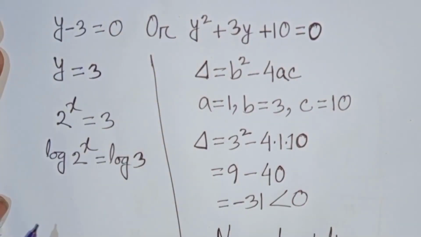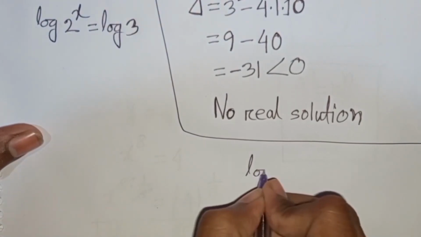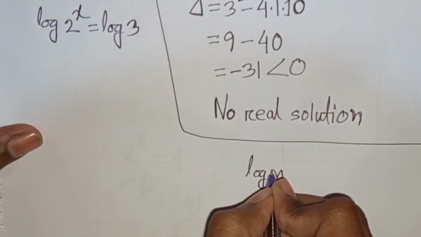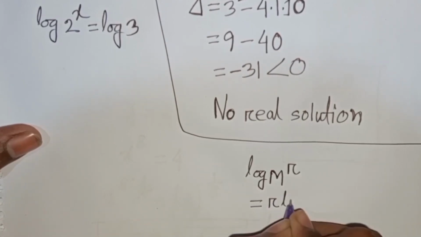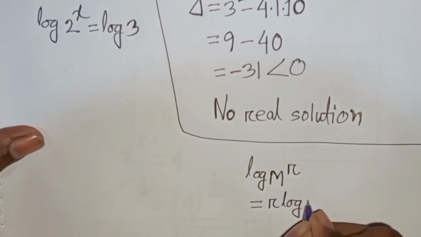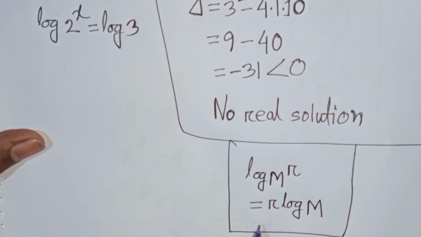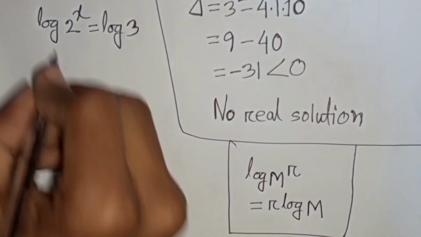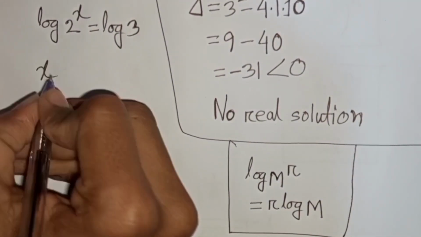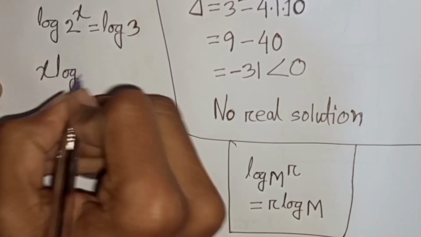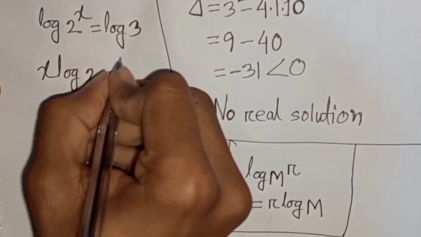Now here I can apply the rule that log m power r is equal to r log m. That means this power moves to the front. So according to this rule, this power x will move to the front. So you can write here x log 2 is equal to log 3.